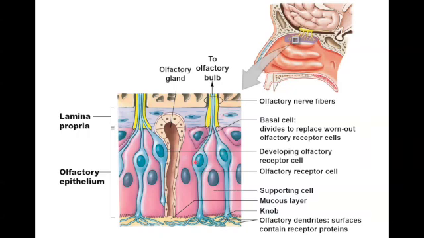Embedded within this nasal epithelium, we're going to find these olfactory epithelial cells, and their endings are basically going to bundle together. One end, we said, is going to extend into the mucus, and the other end is going to send the information to the olfactory bulb.